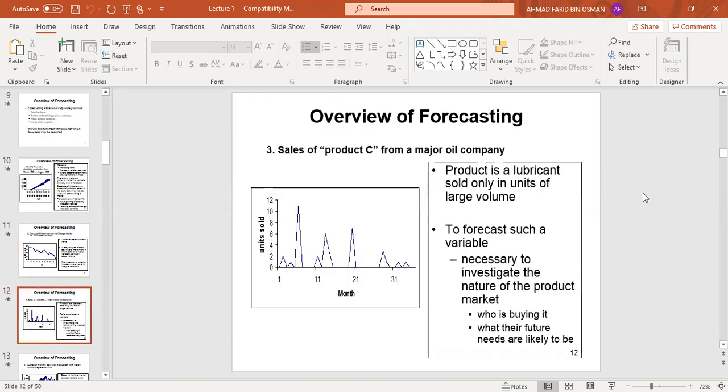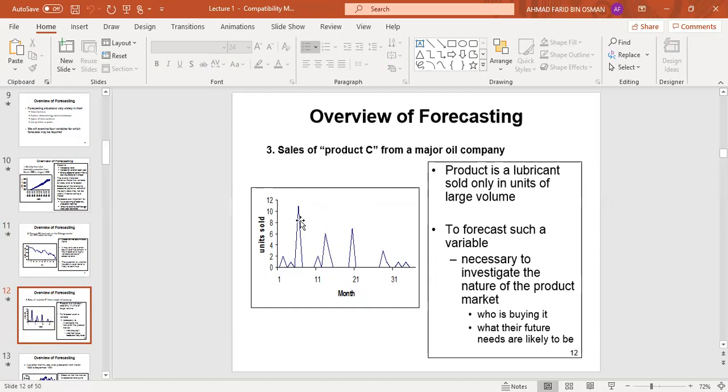And then the third example, sales of product C from a major oil company. The product is a lubricant sold only in units of larger volumes. To forecast such a variable, it is necessary to investigate the nature of the product, who is buying it, and what their future needs are likely to be, because this one does not depend on the previous values at all.